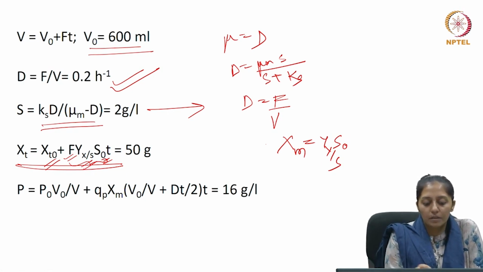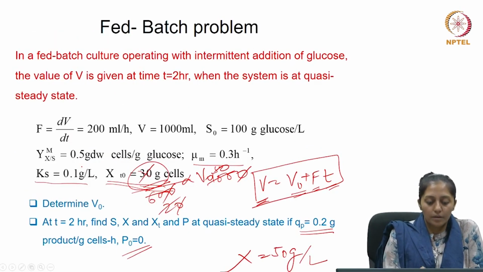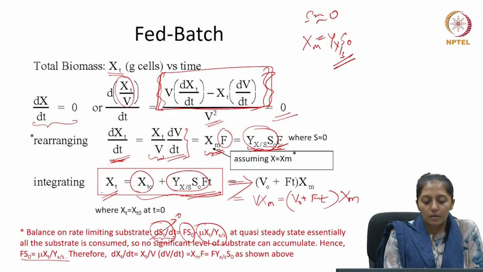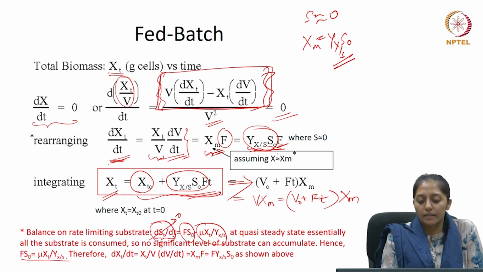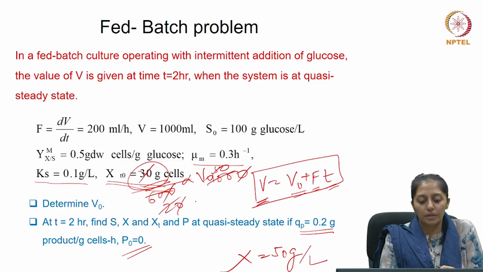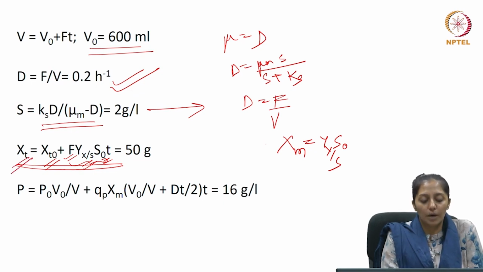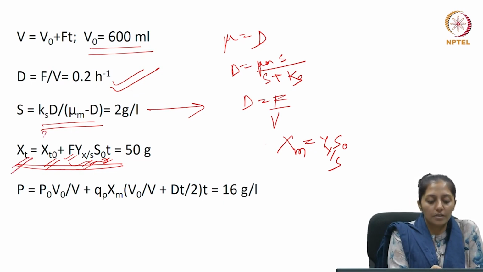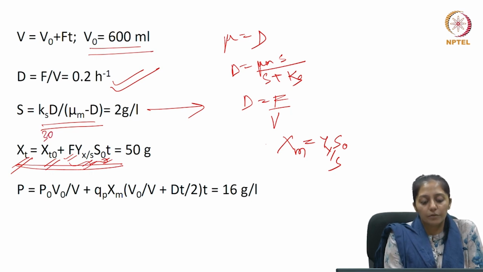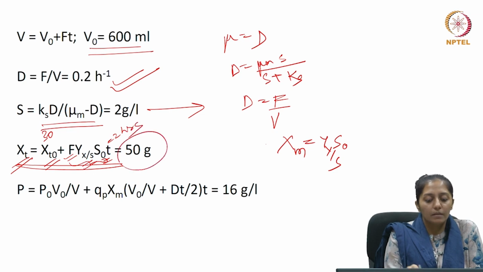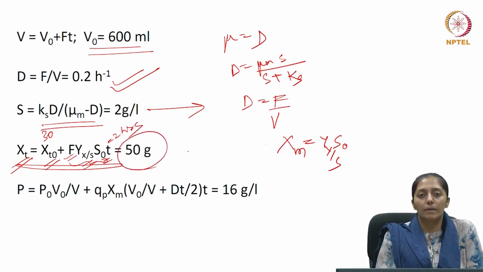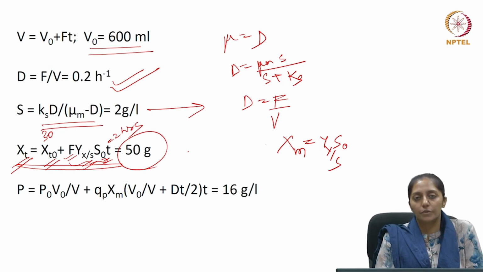Now here, if you remember, this is how when we integrated equation 1, we got equation 2. So I have directly used equation 2 here to find the amount of biomass at 2 hours. Xt naught is given as 30, and if you substitute all the values with t equals 2 hours here, then your amount of biomass will come out to be 50 grams after 2 hours.